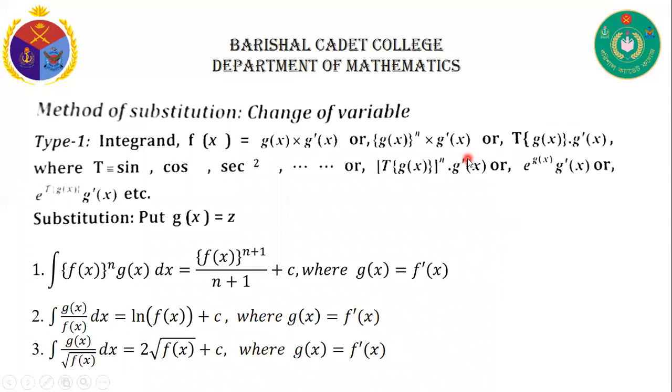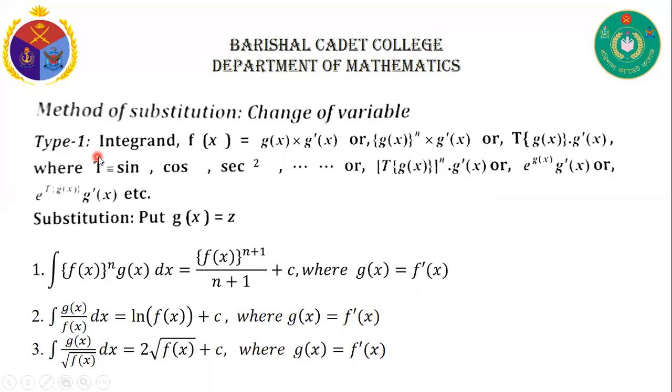First, method of substitution, change of variable. First we have to change the variable, or we could not change it and directly use the formula. Here are some formulas. Okay, first type one, this is in your textbook.